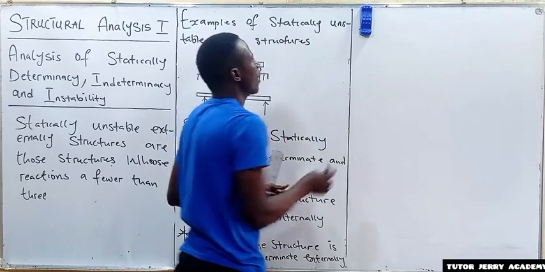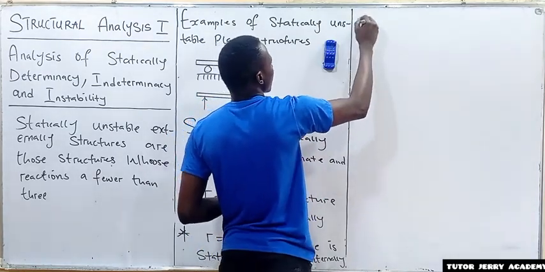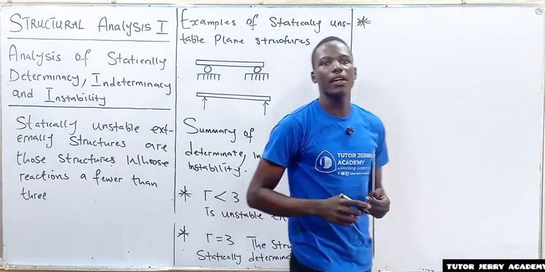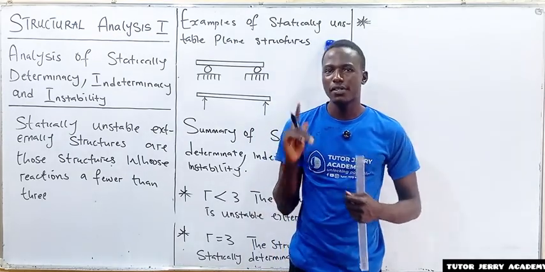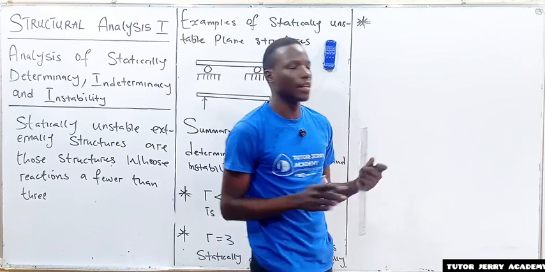Now, for the third point, we have R greater than 3. When we have R greater than 3, the structure is statically indeterminate externally.